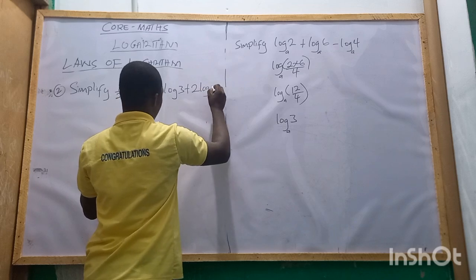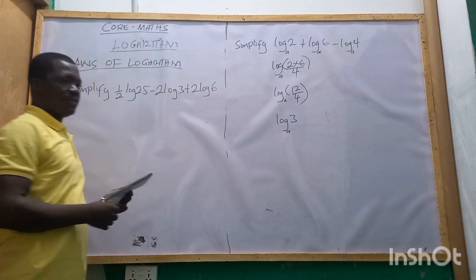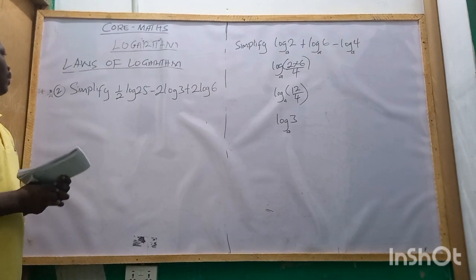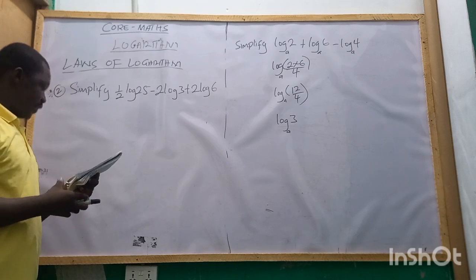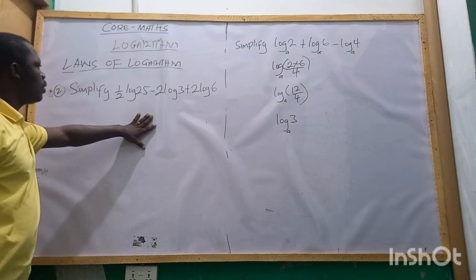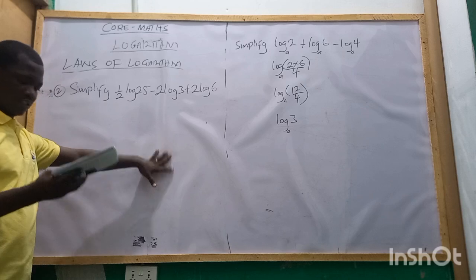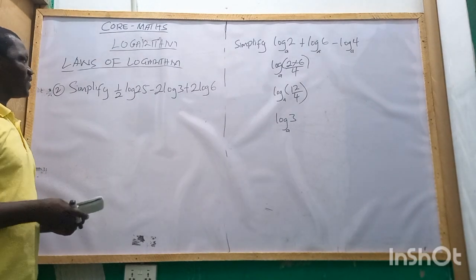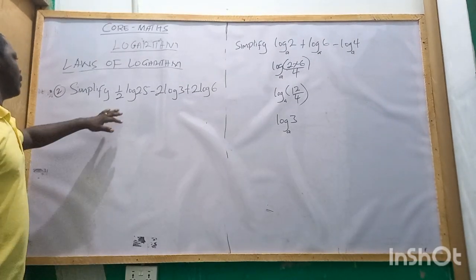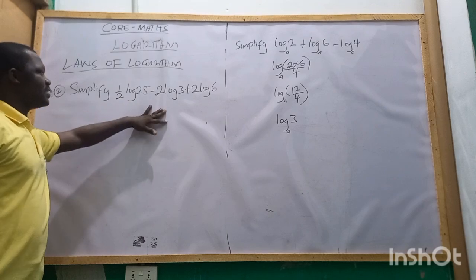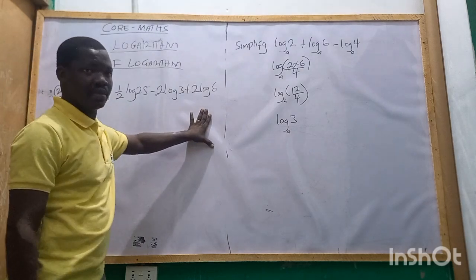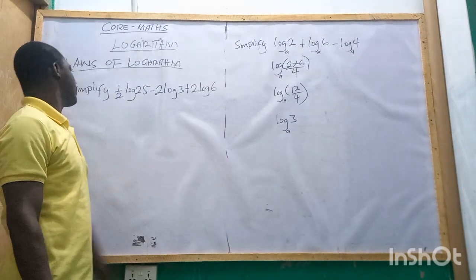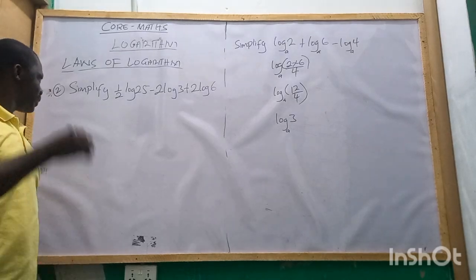So they say we should simplify 1 over 2 log 25 minus 2 log 3 plus 2 log 6. As I said, when it is without any base, it is in base what? 10. Right. Okay, so this is to simplify.